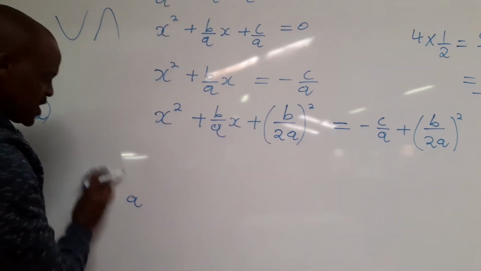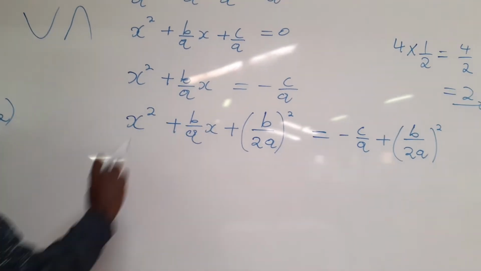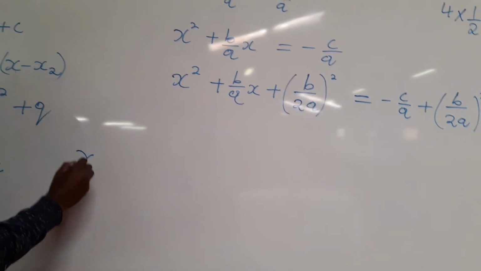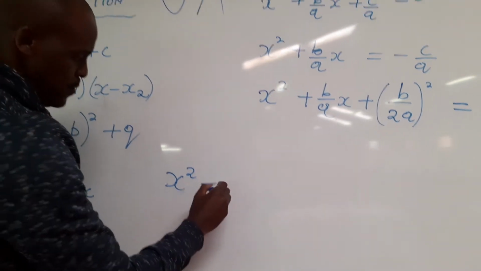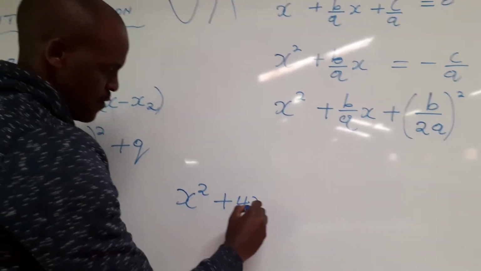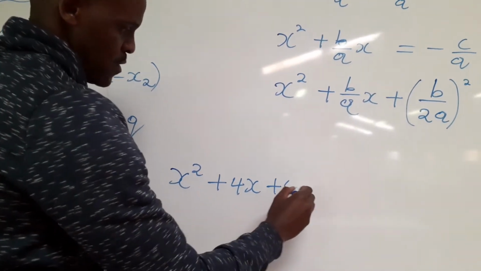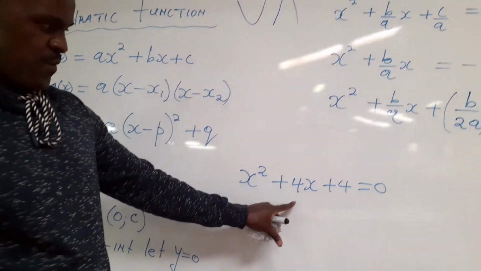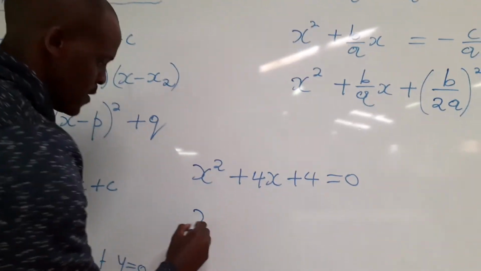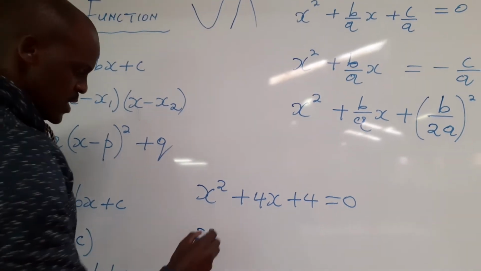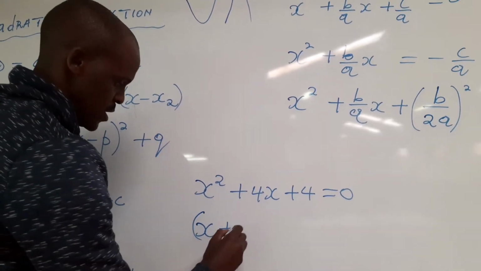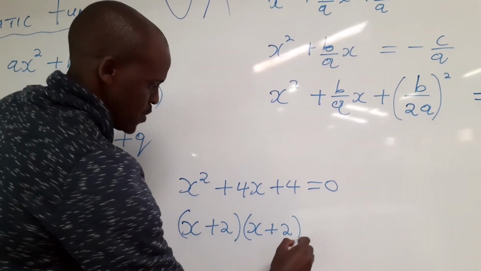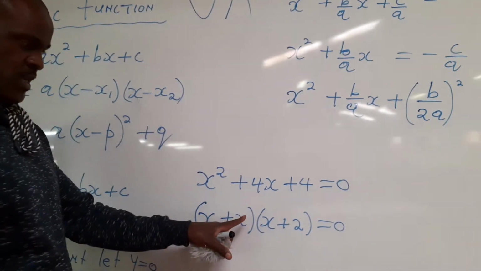Thereafter, we have to factorize this. Let's say you have x squared plus 4x plus 4 equals 0. To factorize this, it's (x + 2)(x + 2).